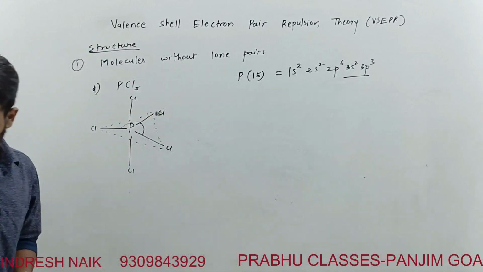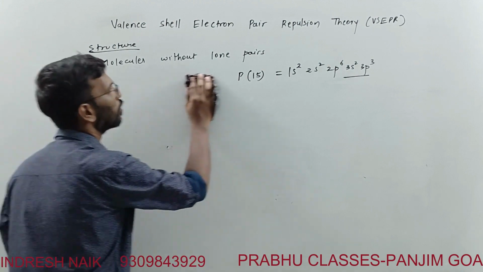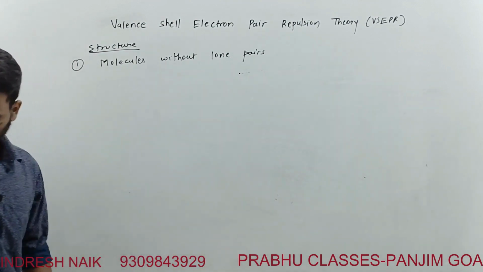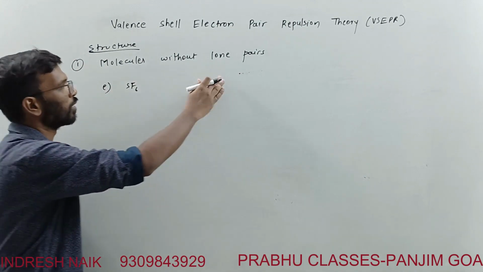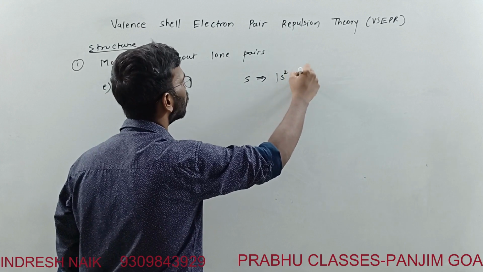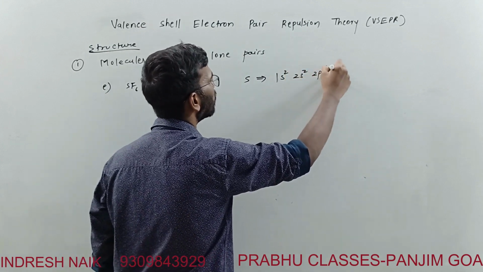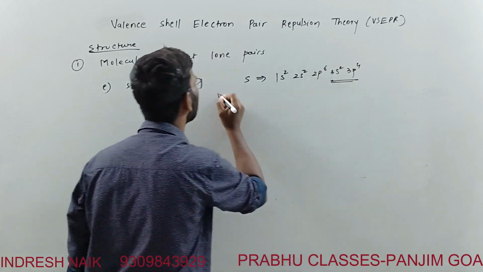One more example we'll take, that is SF6, where there are 6 pairs. Sulfur electronic configuration is 1s2, 2s2, 2p6, 3s2, 3p4. It has 6 valence electrons.